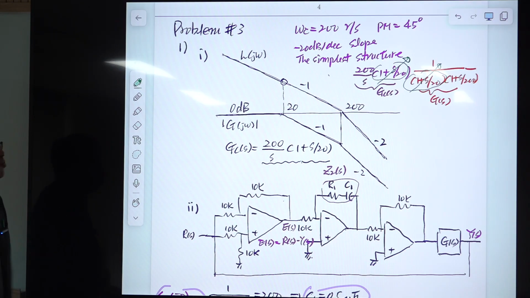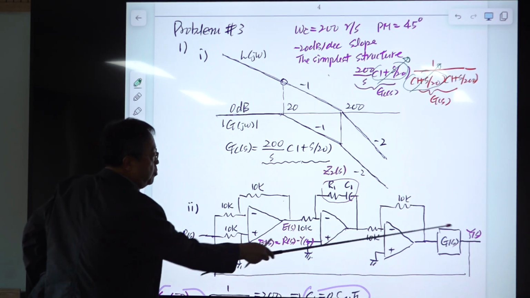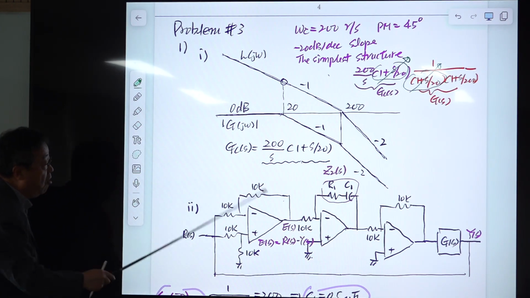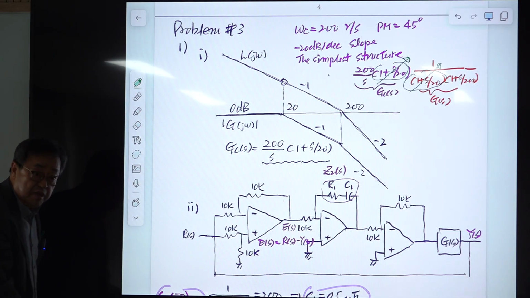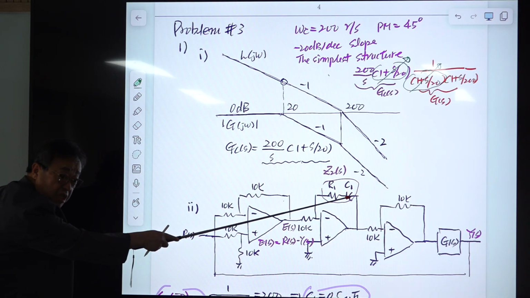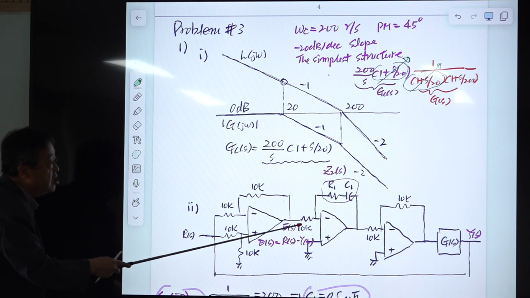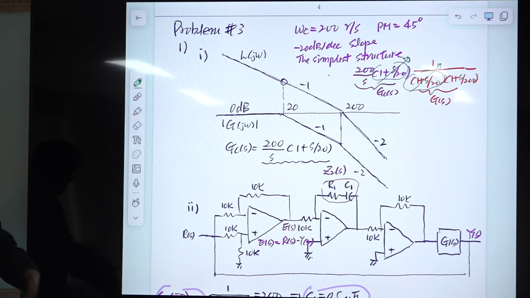Right. Then implementation of this. This is a sign inversion, and this is a printer, and this is a mixer, and this is the compensation. Why use this one? A capacitor is necessary to have the integration function, and this resistor is necessary to implement the integration. All right.